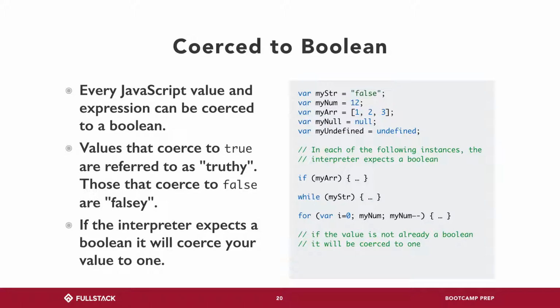When you look at all these things here, if, while, and I guess for, I'm not sure where that comes from, but especially in the if and the while loop, if you feed it something, JavaScript will do its best to convert it into a boolean, which is good and bad. It's good in that in most cases it will push it towards the result. It's bad because if it doesn't push it the right way, you won't know unless you examine the code in more depth.